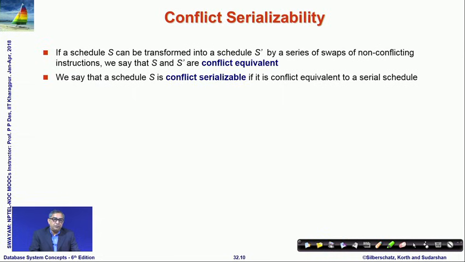So, all instructions of one transaction complete, then all instructions of the second transaction complete, then all instructions of the third transaction complete, and so on. So, if in a schedule I can swap non-conflicting instructions and make it into a serial schedule, then I will say that the given schedule is a conflict serializable schedule.